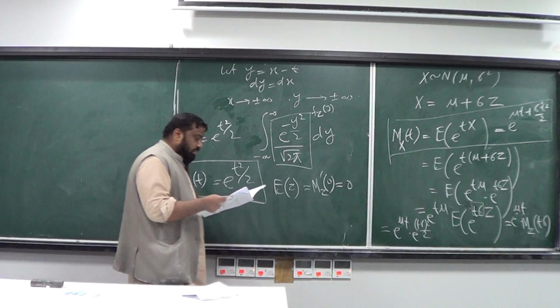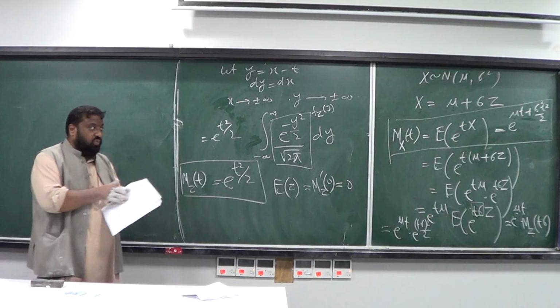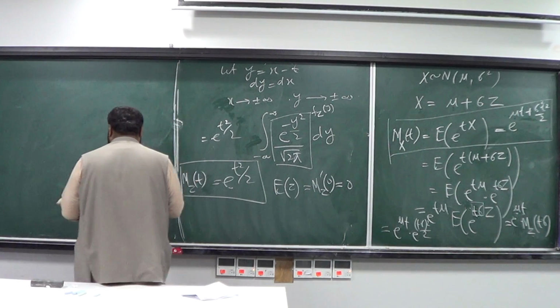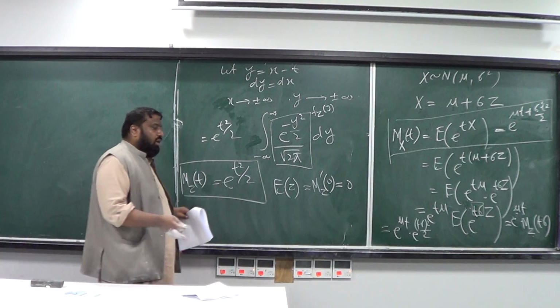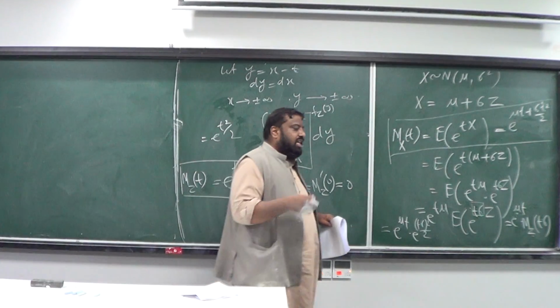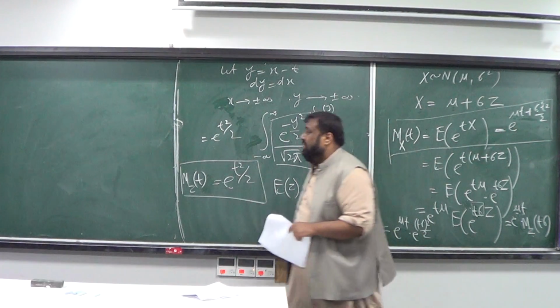Now let's do some examples. Let's prove some more interesting results. So how about if you have two independent random variables and you want to find their moment generating functions actually. Okay.